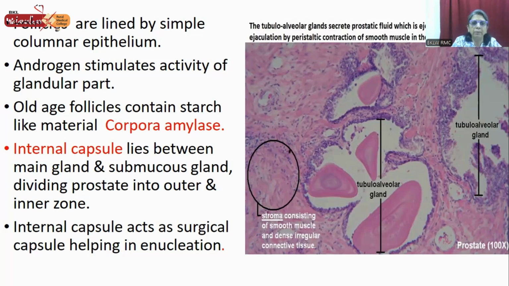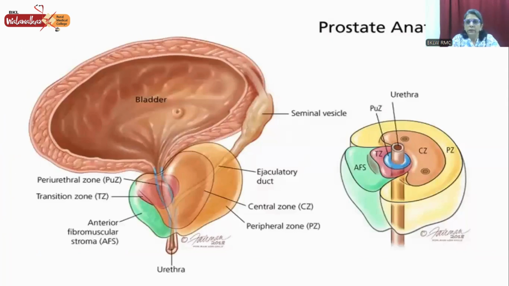The internal capsule acts as a surgical capsule, which also helps in the enucleation of the prostate while doing surgery. In this diagram, we can see some zones which are important for surgical and diagnostic purposes, and also for the progress in the case of carcinoma of the prostate.